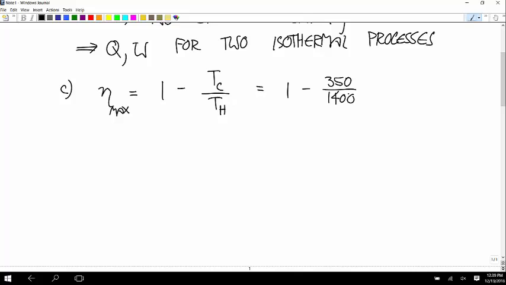Because that's the definition of the maximum efficiency: what would be the efficiency going between those two thermal reservoirs, for any reversible power cycle? They all have the same, and this is one of them, so it's got to be.